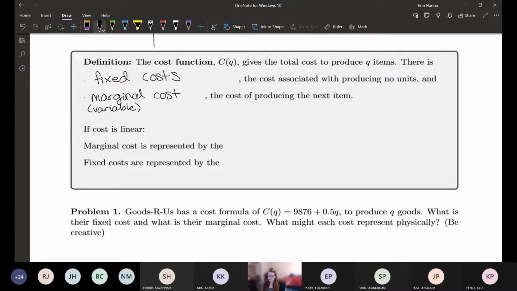Now, if cost is linear, which is what we're going to be focusing on at first for a while, then the marginal cost is represented by the slope. And the fixed costs are represented by the, I'm going to call it the vertical intercept, and I'll put in parentheses the y-intercept because I know that's how a lot of people like to think about it. But with these cost, revenue, and profit functions, it usually doesn't have x, y.